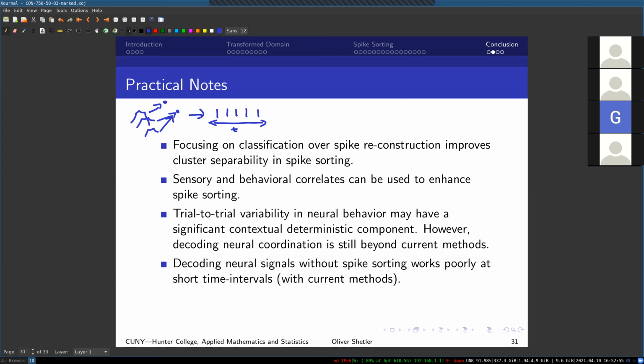Another thing to note, just from a practical perspective, is that decoding neural signals without spike sorting works poorly at short time intervals, at least with current methods. So it's not a great idea to take a raw neural implant feed and just stick it into a machine learning algorithm.